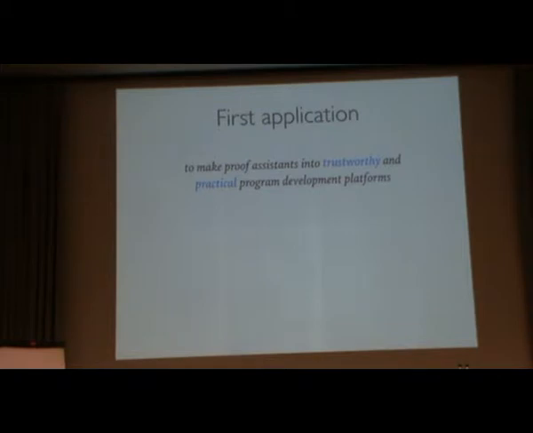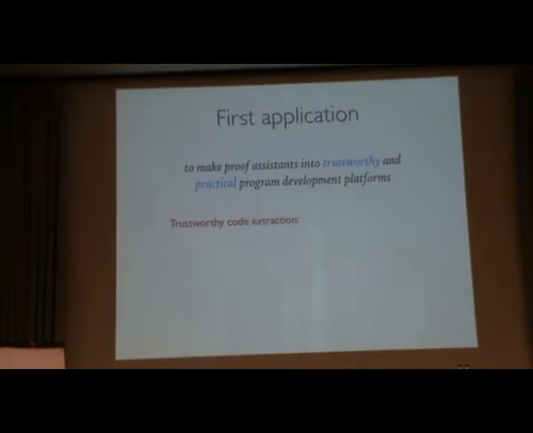So the first application, as theorem proving and verification people, we consider how we can make proof assistants into trustworthy practical program development platforms using CakeML. Most theorem provers come with a code generation or extraction mechanism where you write your definitions in, say, Coq or HOL4, and then you push a button and you get OCaml or SML code or something like that out.